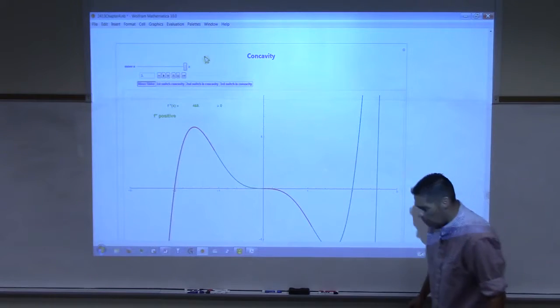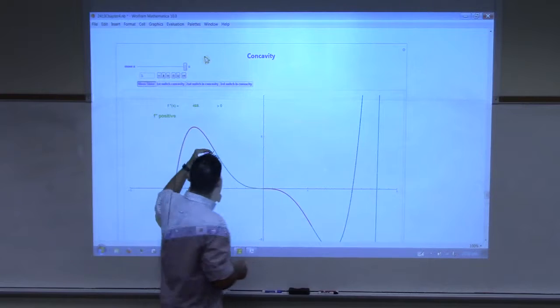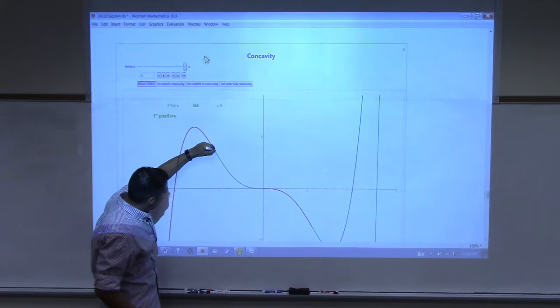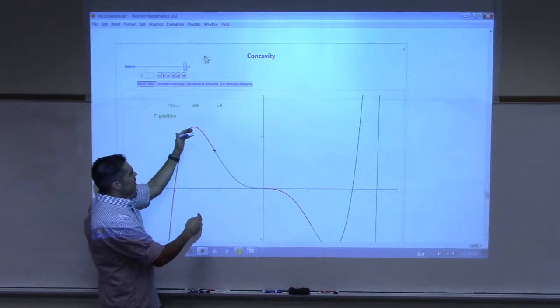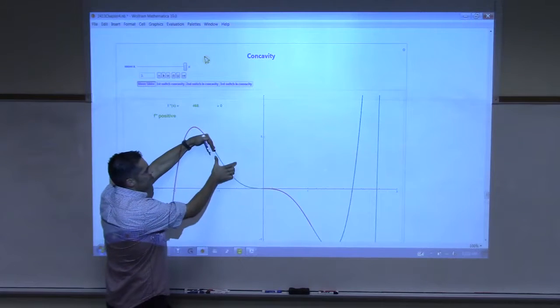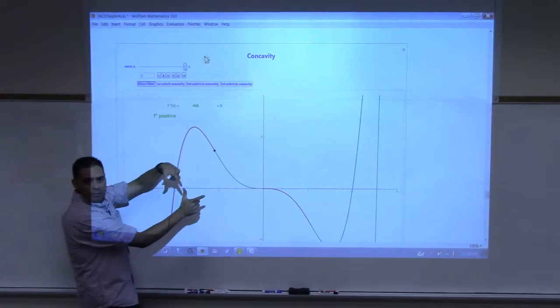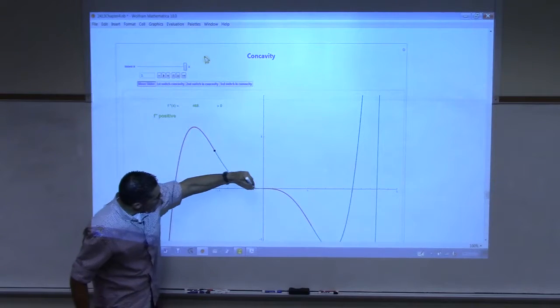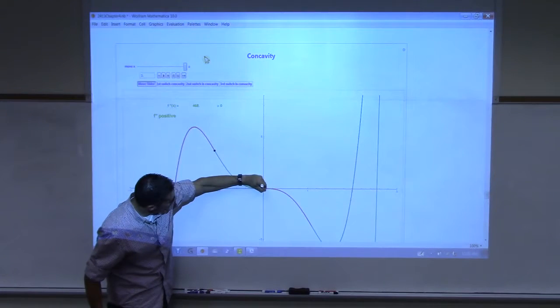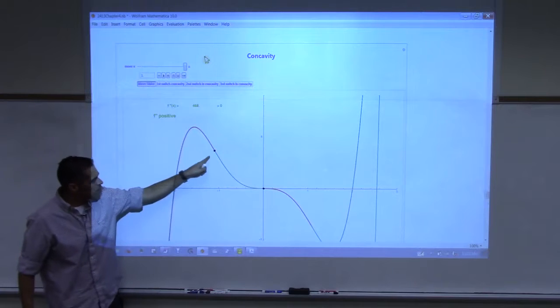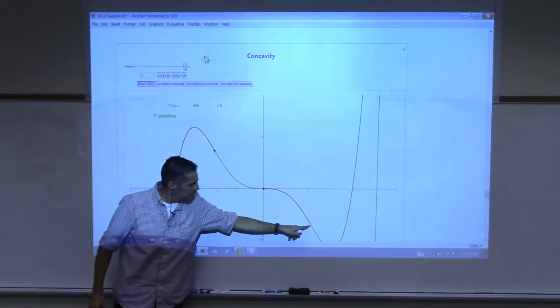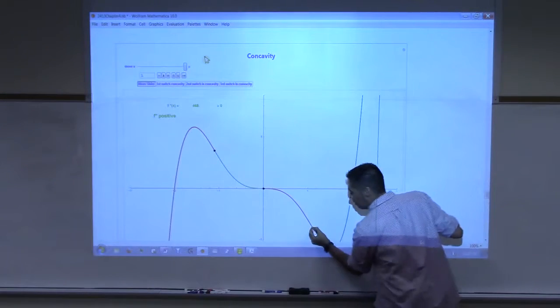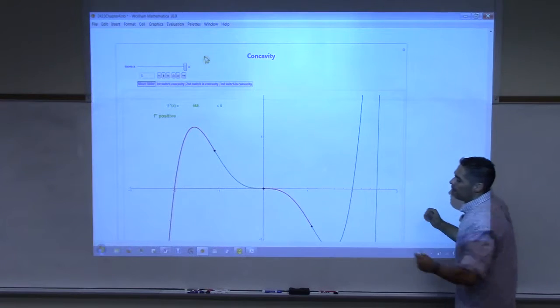The inflection point on this graph would be right here. And do you kind of see that's where the corner of the frown meets the corner of the smile, where they come together? Yeah. That's an inflection point. We have another one right here, right? Because that's where your smile becomes your frown. And then we have another one right here where your frown turns into your smile.